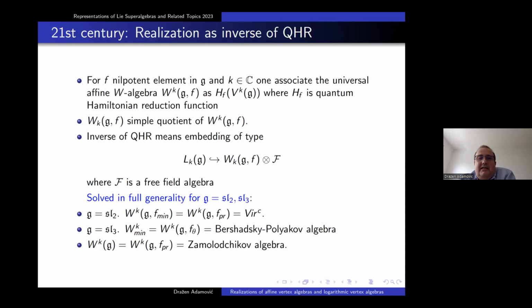So take any nilpotent element of a Lie algebra, even element if it is a Lie superalgebra, and any complex number C. Then one can associate the universal affine W-algebra. So now we are in a completely new language.